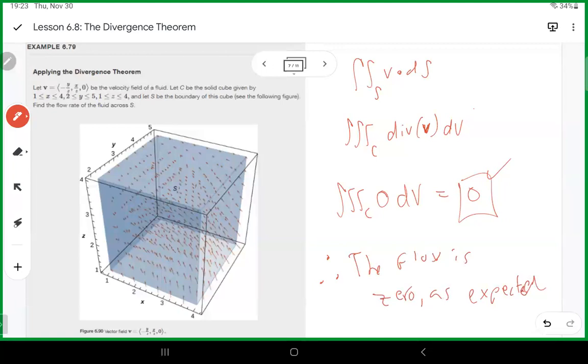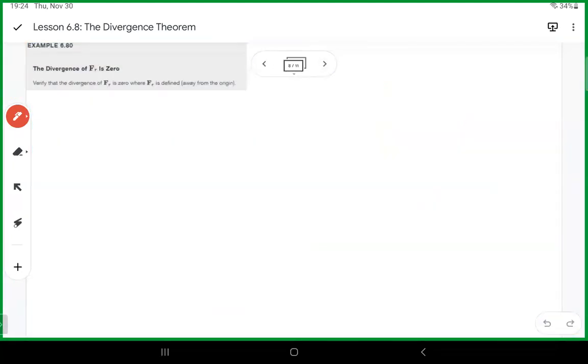Okay. All right. Verify that the divergence of F_R is 0, where F_R is defined away from the origin. So R is going to be the square root of x squared plus y squared plus z squared.